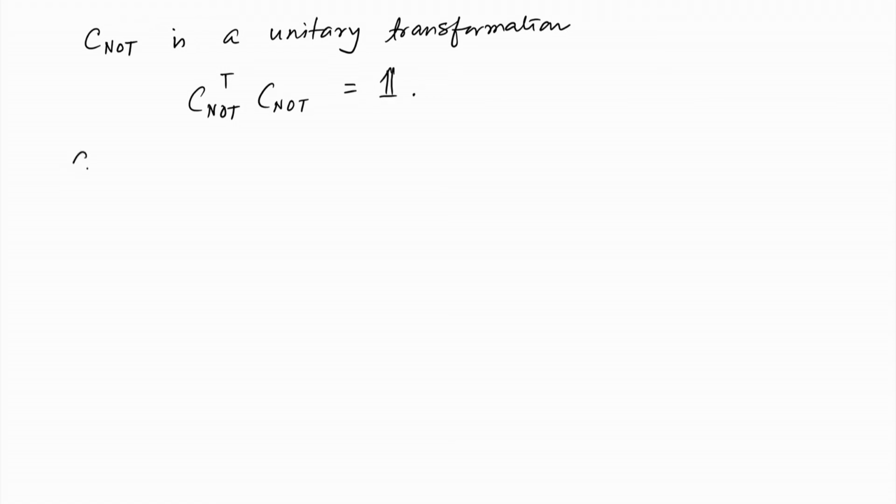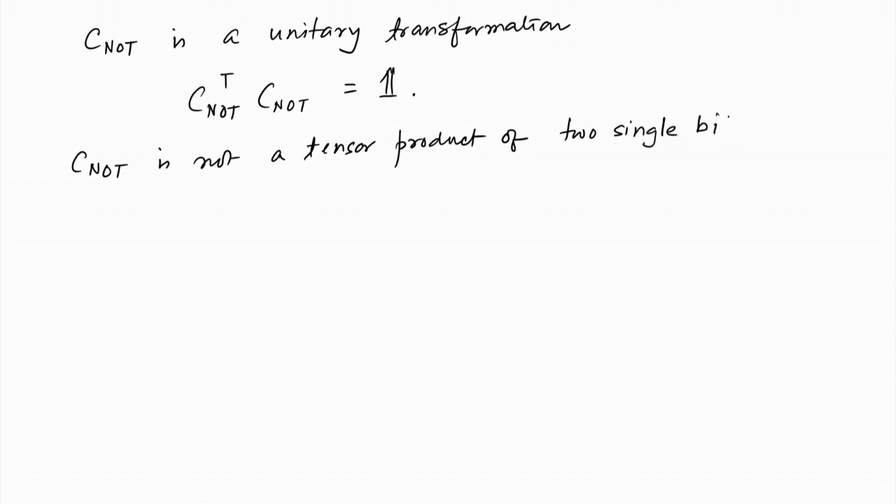So, in principle the C0 cannot be, is not a tensor product of two single bit transformations. So, it cannot be represented as a tensor product of two single qubit transformations.